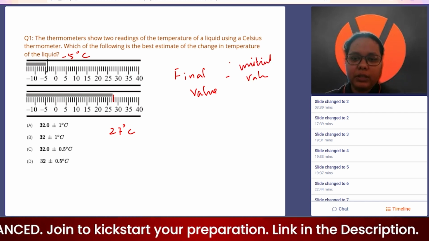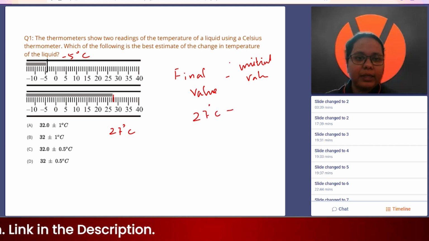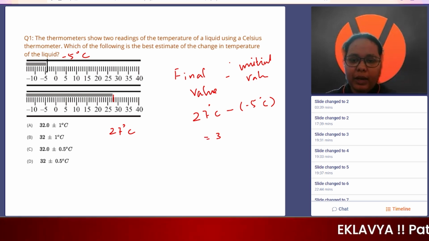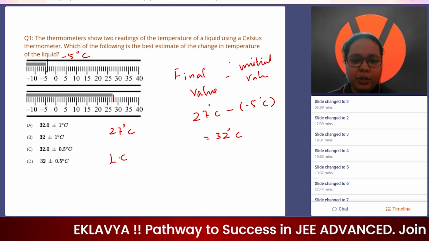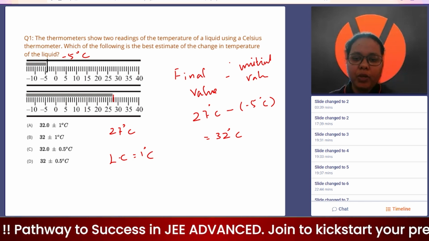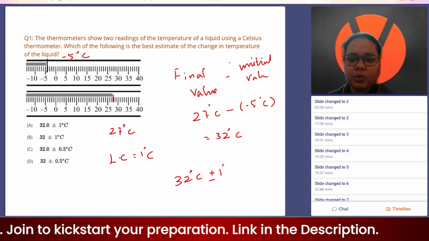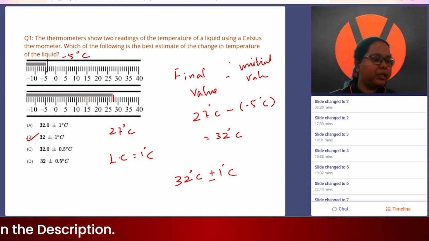What we got here is 27 degrees Celsius minus, and here it is minus 5 degrees Celsius. So the value is 32 degrees Celsius, and here my least count is 1 degree Celsius. So the answer is 32 plus or minus 1 degree Celsius.